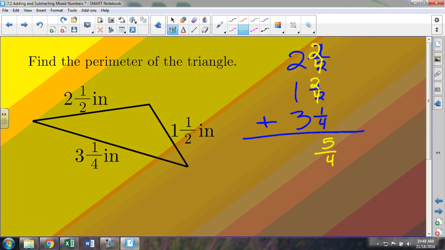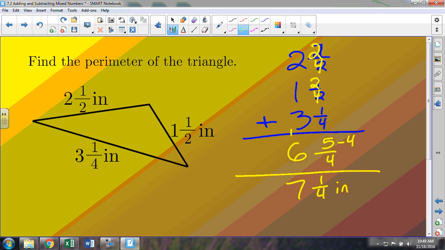Adding the whole numbers, 2 plus 1 plus 3. And so we have our answer 6 5/4. But since it's an improper fraction, we have to subtract off and carry over, which gives us 7 1/4 inches. And we're done.